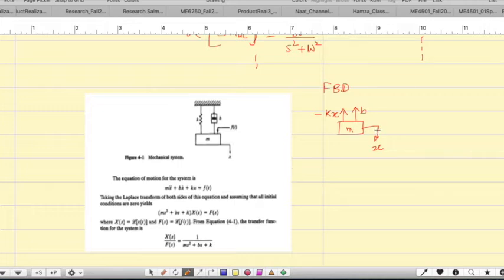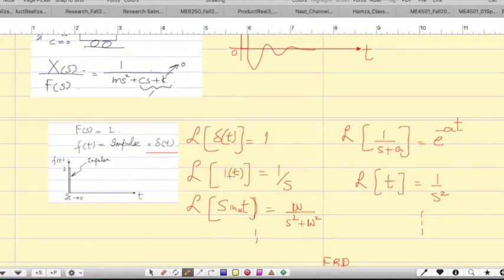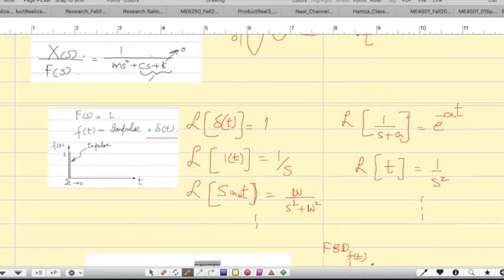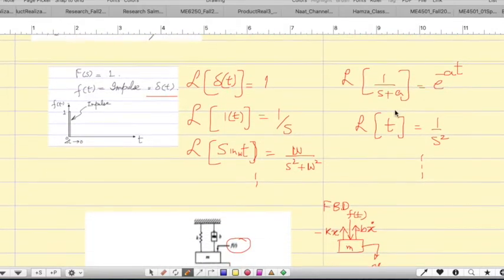When you isolate the mass from the system, you see how many forces are acting on it. So negative B x dot, and there is another force. If you take a look, this force, which is an input force, could be an impulse, a step value, a sinusoidal function, or something like this.